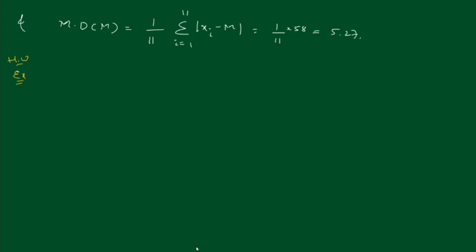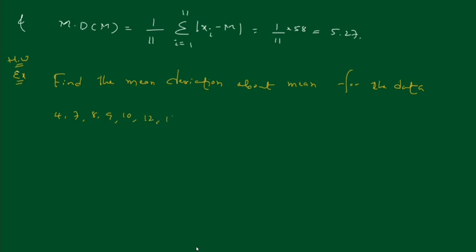Next example, homework it is. Find the mean deviation about mean for the data. We have 4, 7, 8, 9, 10, 12, 13 and 17.